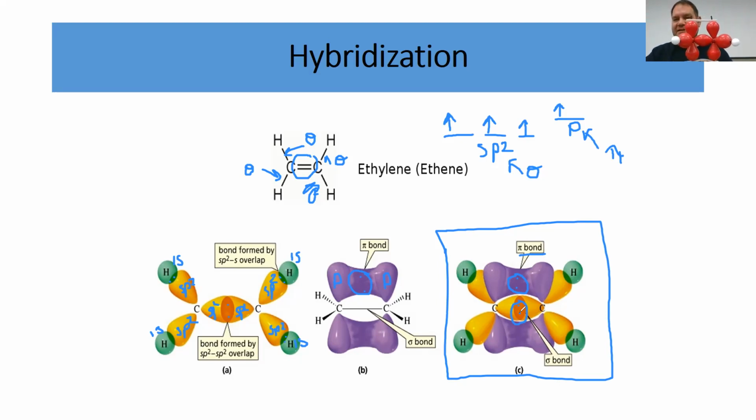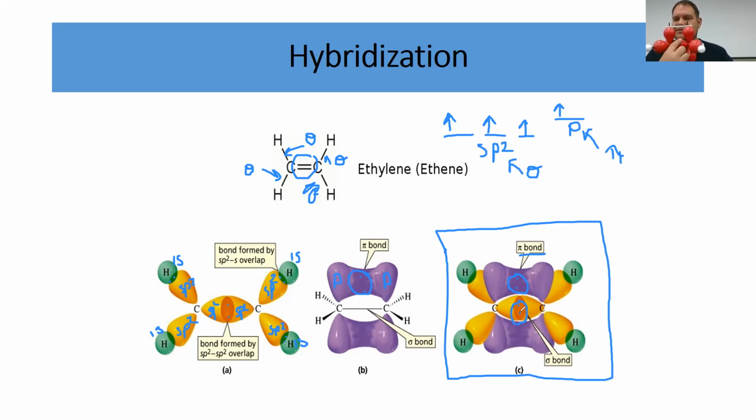I know it's a lot to take in, but spend some time going back and thinking about this, okay? So again, we have our sp2 hybrid orbital overlapping with a 1s. And we can see that all the way around this structure, where we have hydrogen overlapping with an sp2 hybrid orbital from carbon. And then our double bond is found in the middle, right?